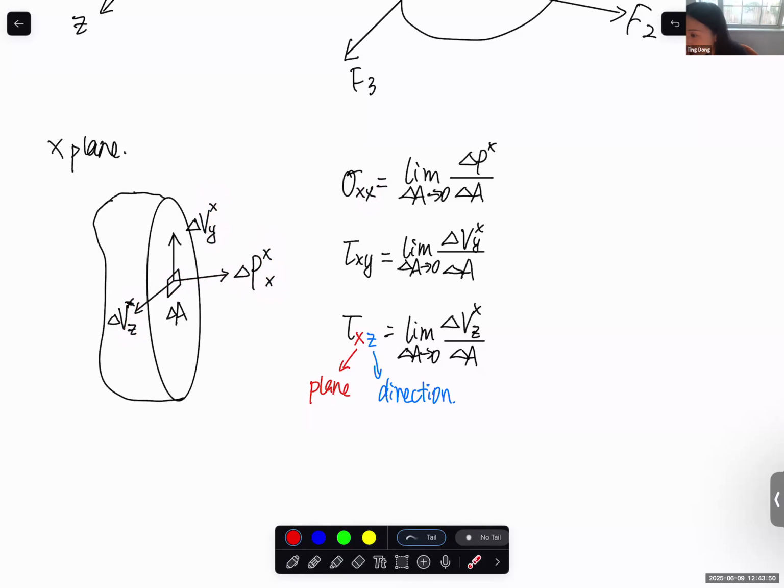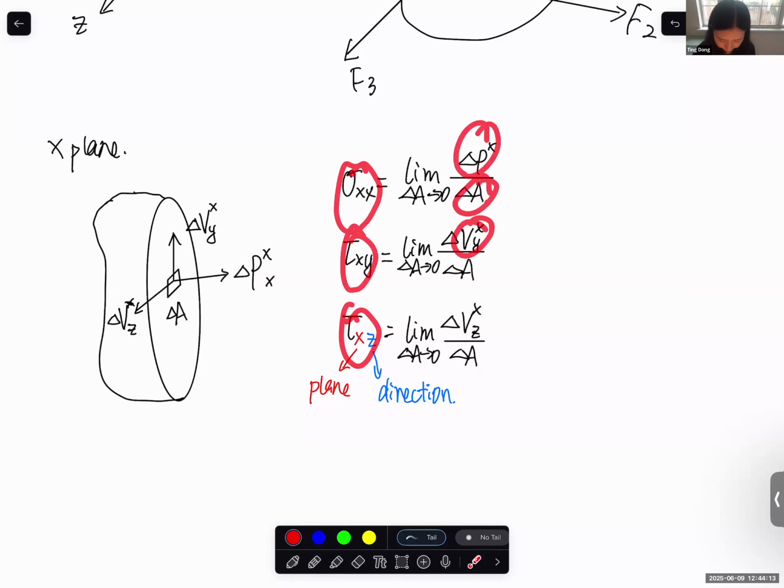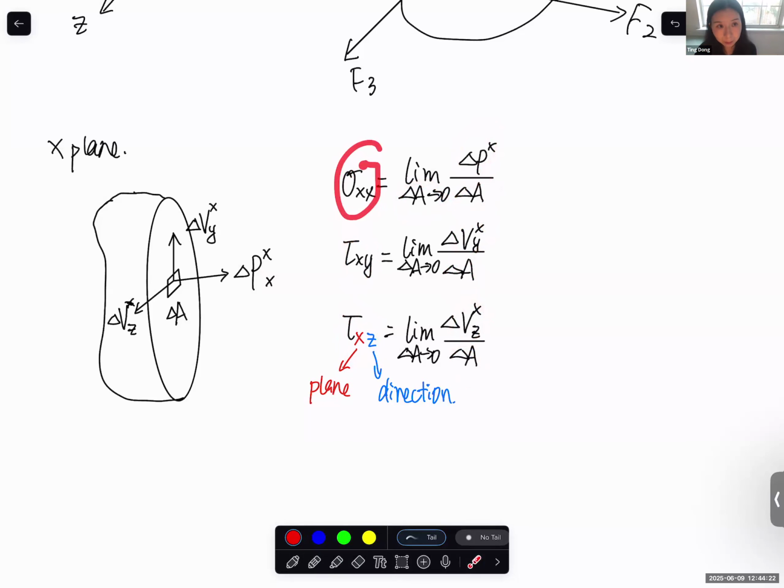Why, when delta A approaches 0, does the internal normal force over the area equal the stress? Stress is defined as force over area. When delta A approaches 0, it represents the stress at that point.